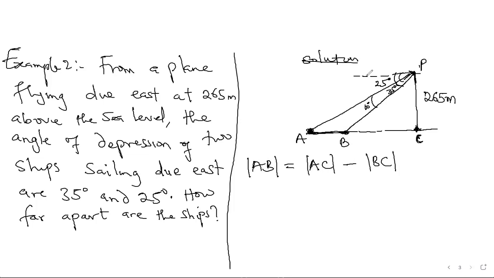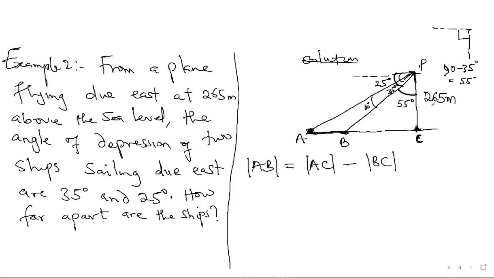Now, because we know that this angle must be a right angle, so the normal eye level, this must be 90 degrees. And from here to the second ship is 35. So this angle here has to be 90 minus 35, and that will be 55 degrees.